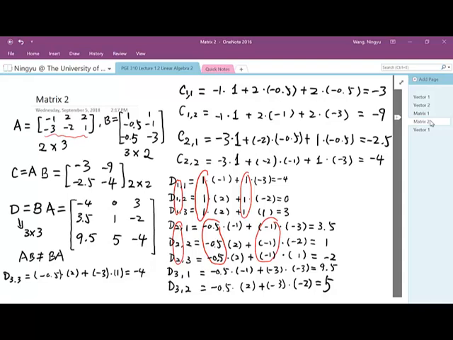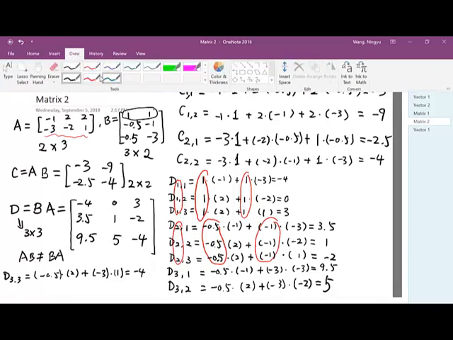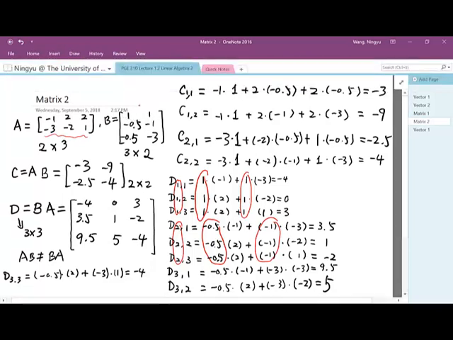So if we look at the part I've circled, this is the first row of B, and these are each column in A. Minus 1, minus 3 is the first column, 2, minus 2 is the second column, 2, 1 is the third column.